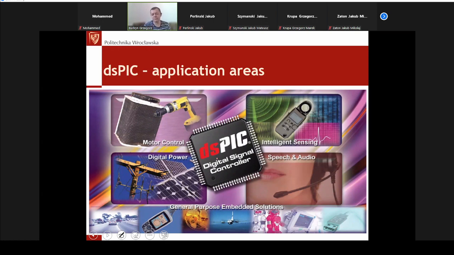As you can see, there are plenty of possible applications: sensors, simple processing of audio, plus naturally motor control, plus power conversion. Always the same, I would say.